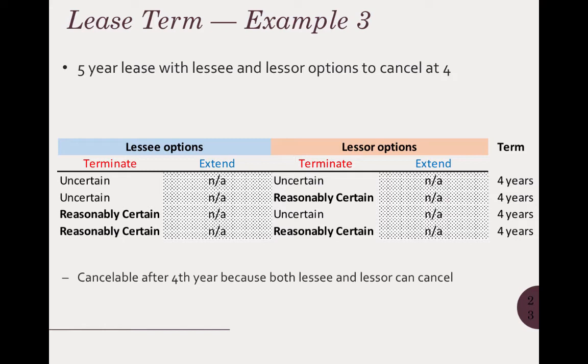If it's reasonably certain the lessor will cancel after 4 years, then it's going to be 4 years. If it's reasonably certain that the lessee is going to cancel after 4 years, it's 4 years. And if it's reasonably certain that both of them will activate the option to cancel after 4 years, then the lease term is 4 years.